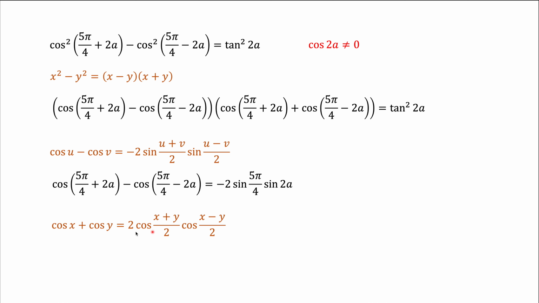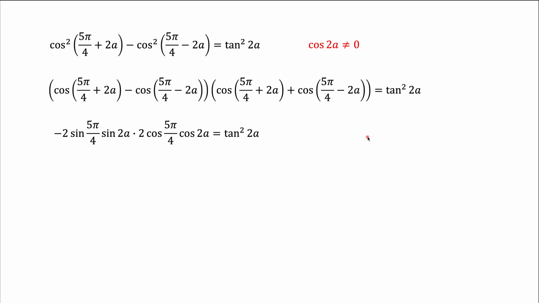And the sum of cosines is a product of cosines. We can apply that formula and we get a result like this. The next thing we're going to do is substitute this for the first parenthesis and this for the second parenthesis. And that's what we're going to get.